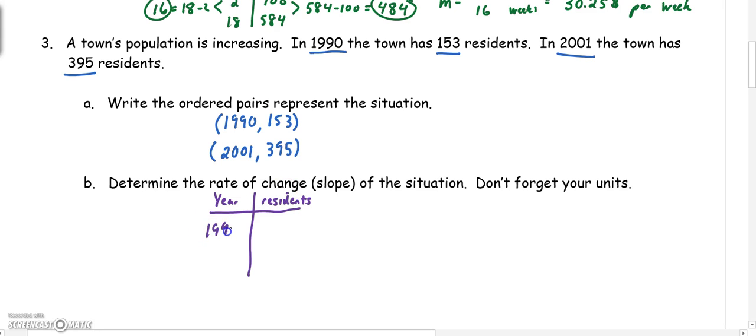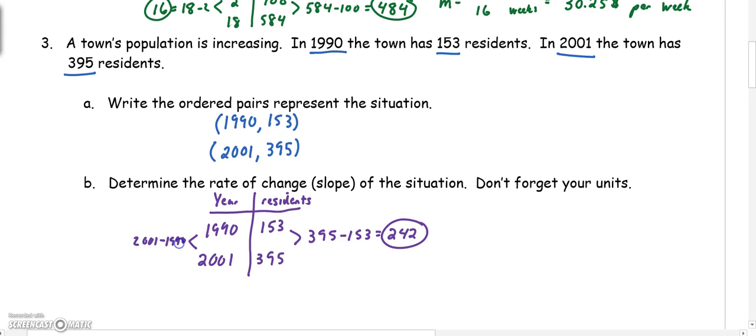In 1990, there's 153 residents, and in 2001, there's 395. So 395 minus 153 is 242 for my change in residents. And my change in years, 2001 minus 1990, is 11.